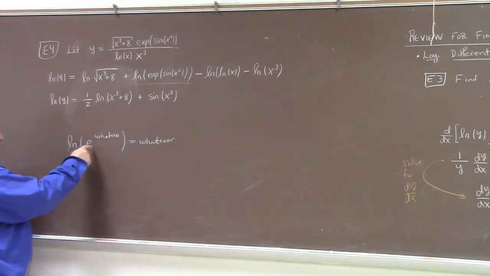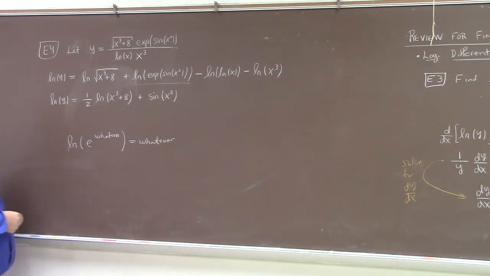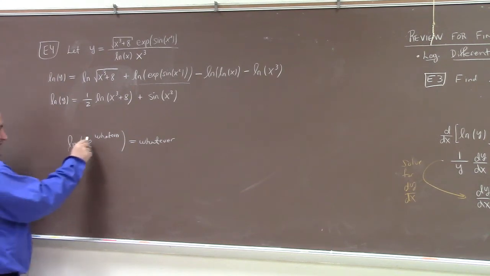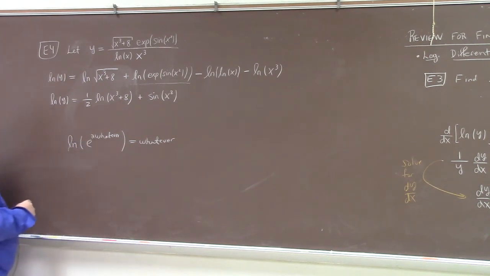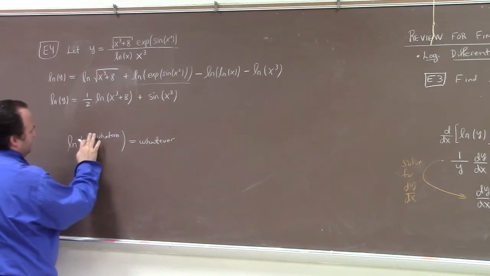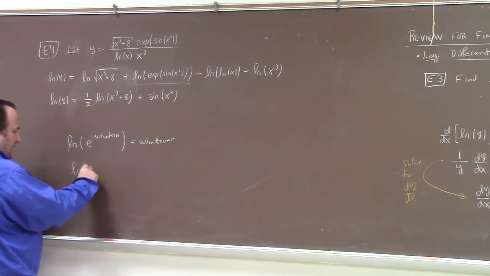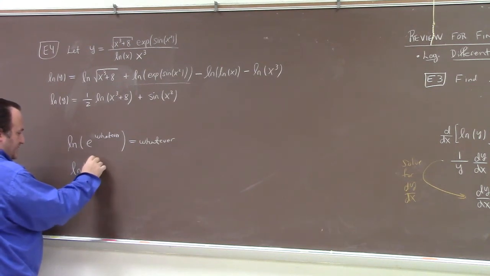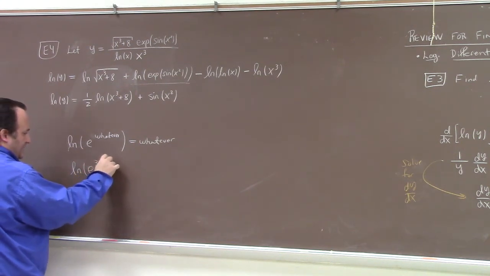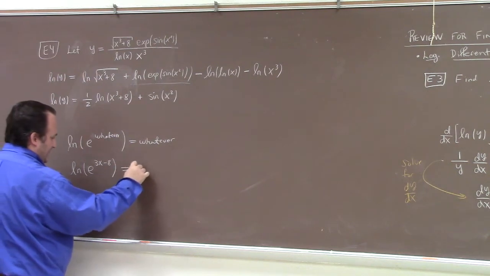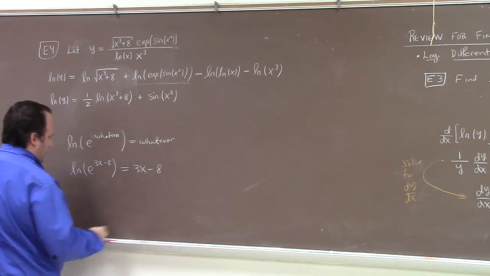It has to be the exponential of the whole thing, right? You can't have a 2 here. It has to be that exact pattern. Like on test 2 that I gave you guys, this was part of the calculation, right? So that's just like 3x minus 8.